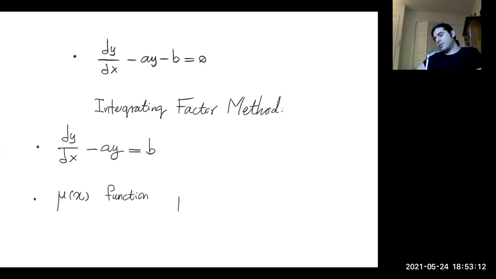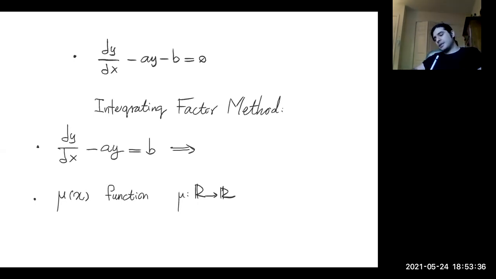We have a function mu, say R to R, which satisfies this strange property. Well, let me change the viewpoint slightly. Suppose there is such a function which satisfies some properties which we will see.